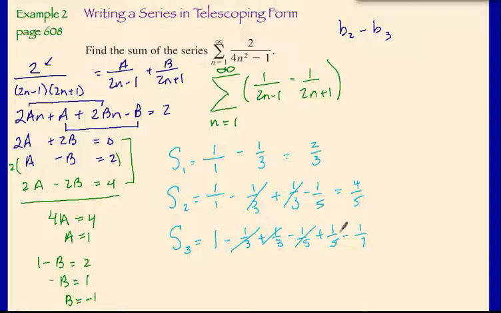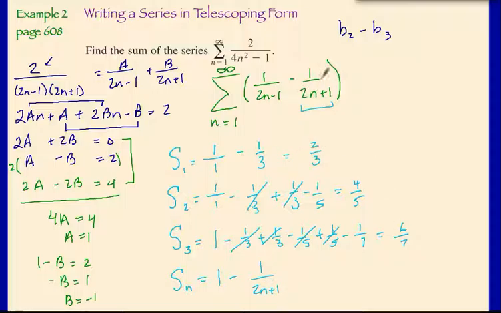Again, telescoping series, all of these inner terms cancel out, and we end up with 1 minus 1/7, which is 6/7. Now we know that the general term for the partial sum is going to be 1, our first term there, minus 1 over 2n plus 1.